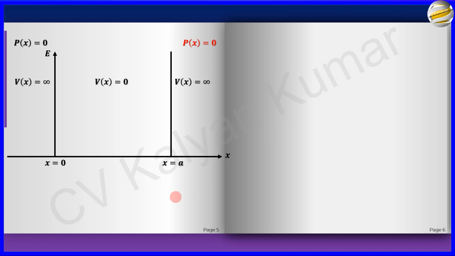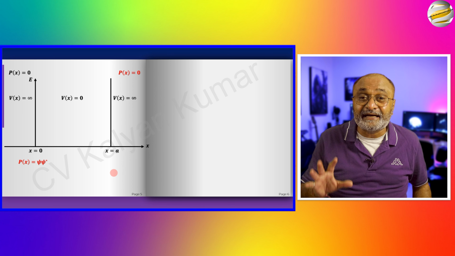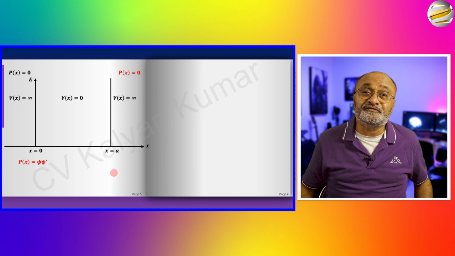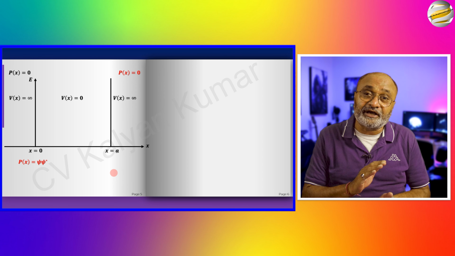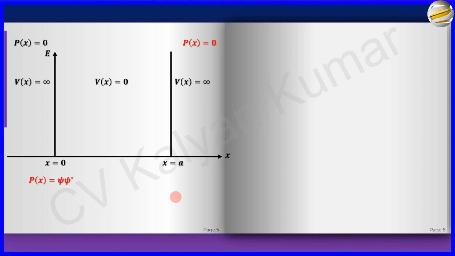Now the probability density function is given by psi into psi star, that we already know. Now the only way this can be 0 is for psi of x to be 0 at these regions, because without psi of x being 0, psi of x into psi star of x cannot be 0. So here psi of x is 0, as you can see, it is 0 here and it is 0 here also.